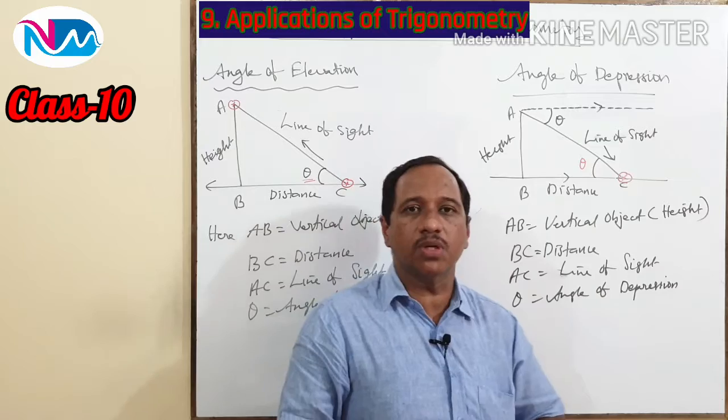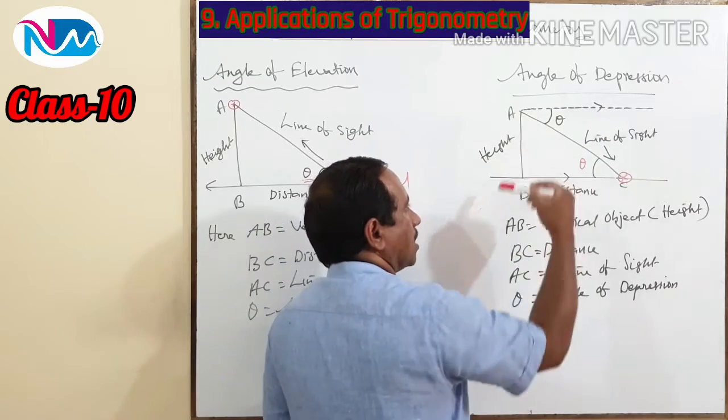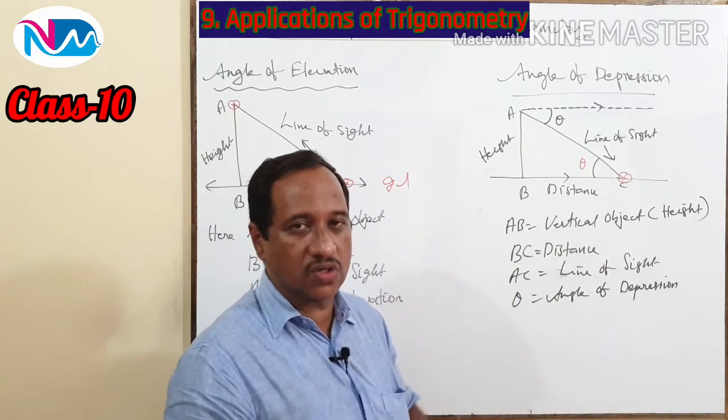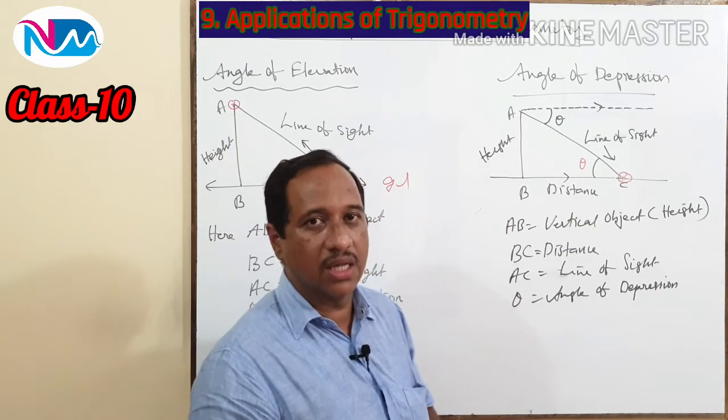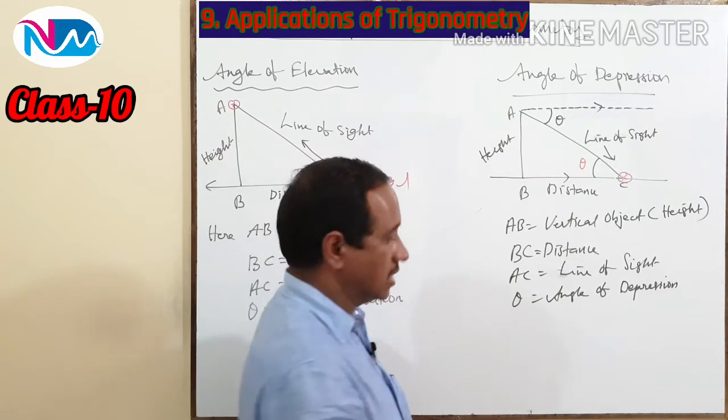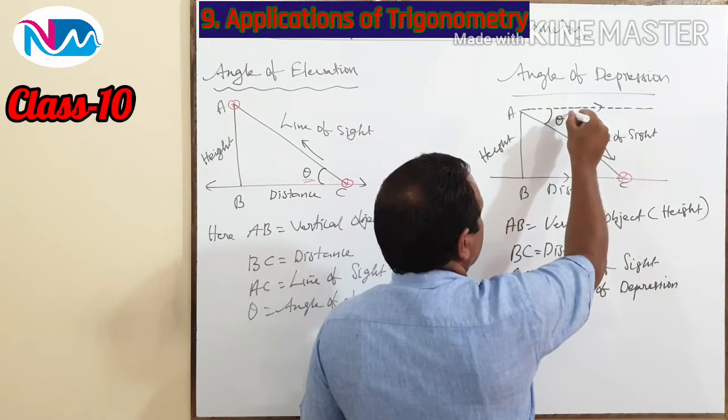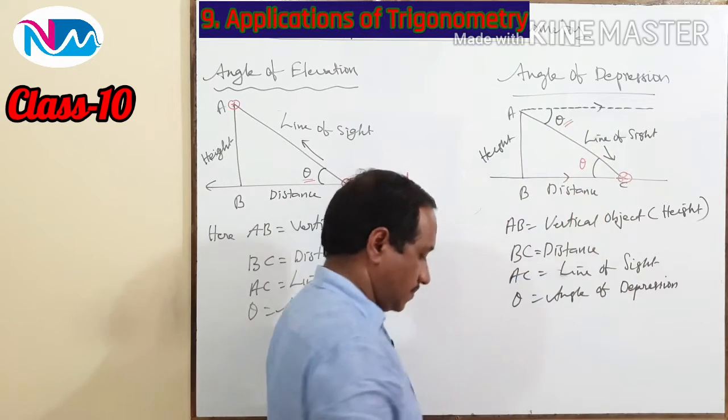The angle formed between the line parallel to the horizontal ground level and the line of sight is called the angle of depression.